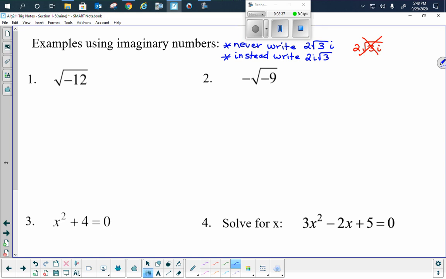It's still understood that the number in front of i, the imaginary part, if you will, is 2 root 3, but that's just notation. So when I'm seeing you handwrite it and when you answer it on a quiz or a test, I should always see your i in front of your roots. Okay, so we don't have any of that issue. Next, you need to realize that this is sort of like an order of operations, okay?